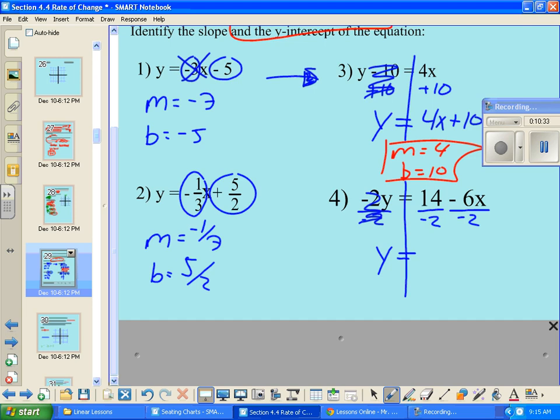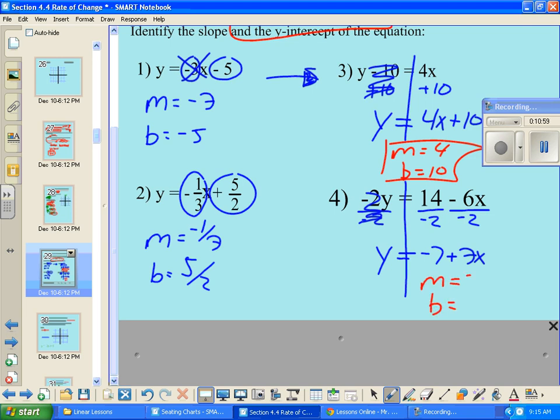Y equals, on the other side, 14 divided by negative 2 gives me negative 7. Negative 6 divided by negative 2 gives me positive 3x. And in this one, notice that I have the constant here and the term with x here. So they're switched around a little bit, but that still shouldn't trick me too much. My slope is always the coefficient of x, the number that's in front of that variable, x.